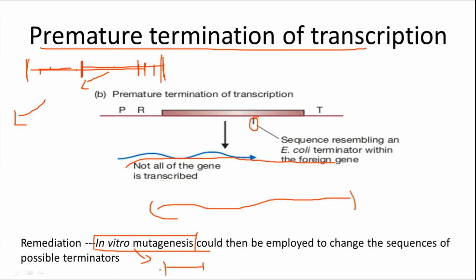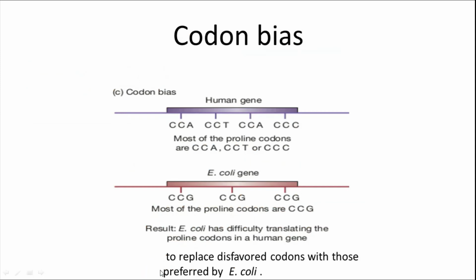Codon bias. You know very well, it is just like a mimicry. Each amino acid is encoded by more than one codon. Suppose we want to produce a single protein.